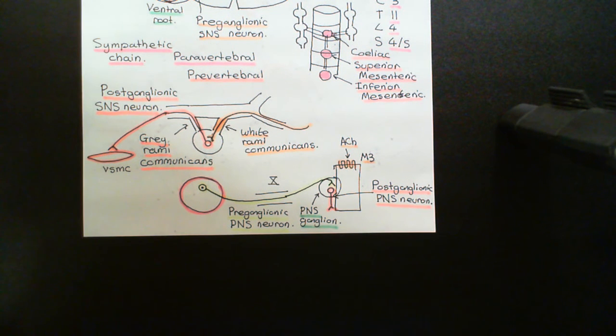And this is a general theme that you see all over the place in the parasympathetic nervous system, that the ganglia are generally much closer to the tissue that the parasympathetic nervous system is going to have an effect on, whereas of course the sympathetic ganglia might be very far away in these sympathetic chains from the actual tissue that they're going to act on.